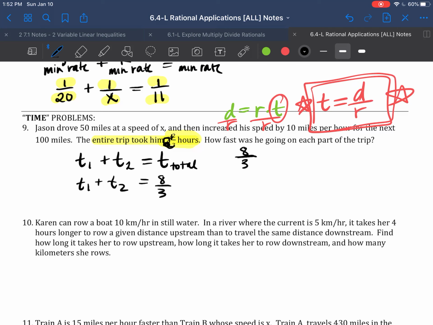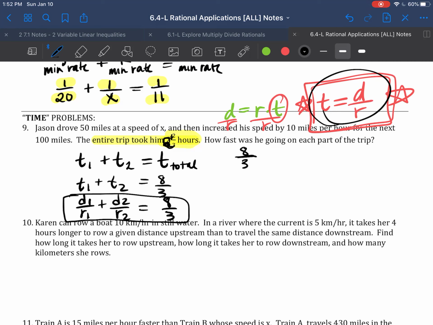And so now we need to replace these t's with d over r. The distance for time 1, d1 over r1 plus d2 over r2 equals 8/3. All I've done is replace these t's with d's and r's, and I kept the notation of sub 1 and sub 2. Okay, so now that you've got this set up, you want to replace d's with the given information, and you want to replace the r's.